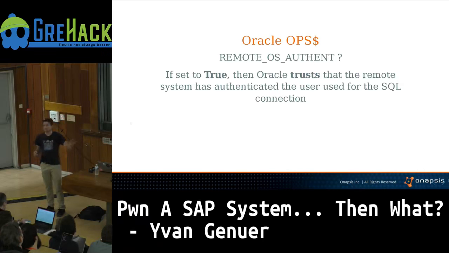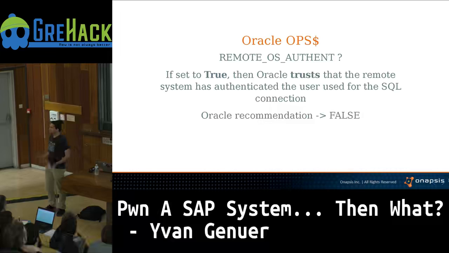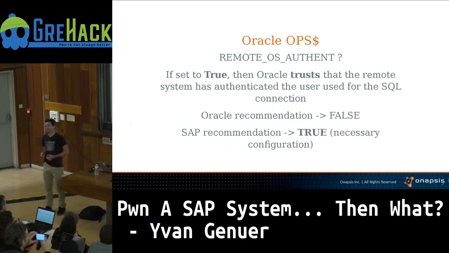Remotely, it means if I'm logging in on a remote system as SID-ADM and I try to access Oracle, it also works. Of course, Oracle recommends setting it to false because this is a security issue, and SAP would like to set it to true for architecture purposes.